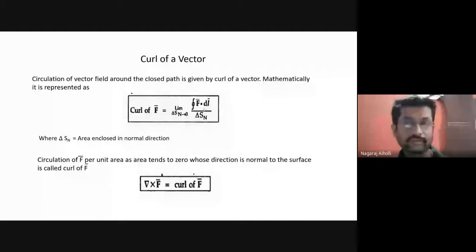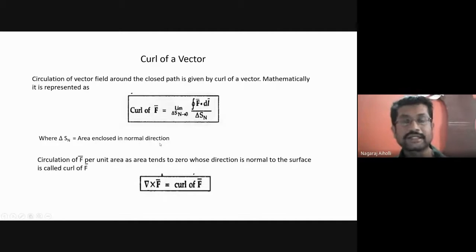If we divide this flux by the normal surface area, as the normal surface area shrinks to 0, that is, we apply the limit, that is nothing but our curl of the vector field F bar, where delta Sn is the area enclosed in the normal direction.